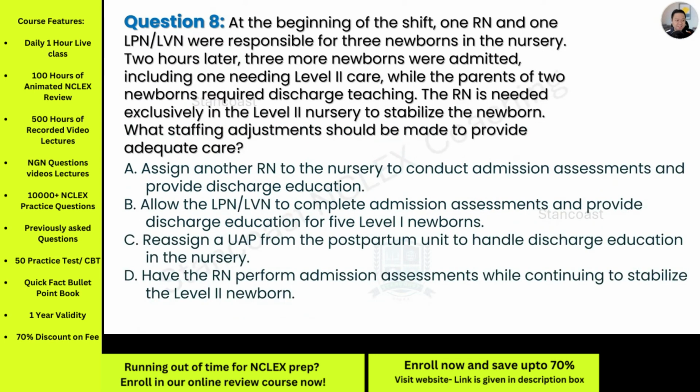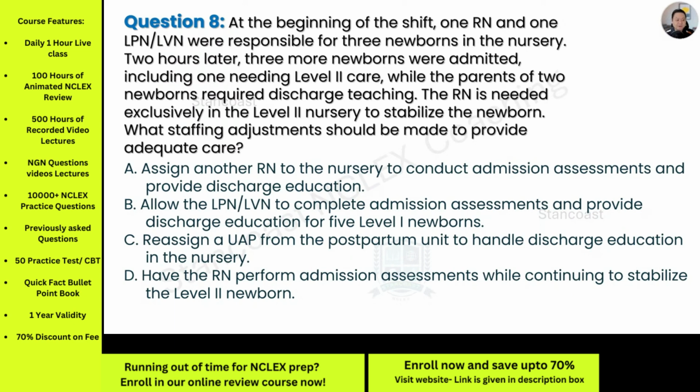Let's have number 8. At the beginning of the shift, one RN and one LPN/LVN were responsible for 3 newborns in the nursery. 2 hours later, 3 more newborns were admitted, including one needing level 2 care. While the parents of 2 newborns required discharge teaching, the RN is needed exclusively in the level 2 nursery to stabilize the newborn. What staffing adjustments should be made to provide adequate care?